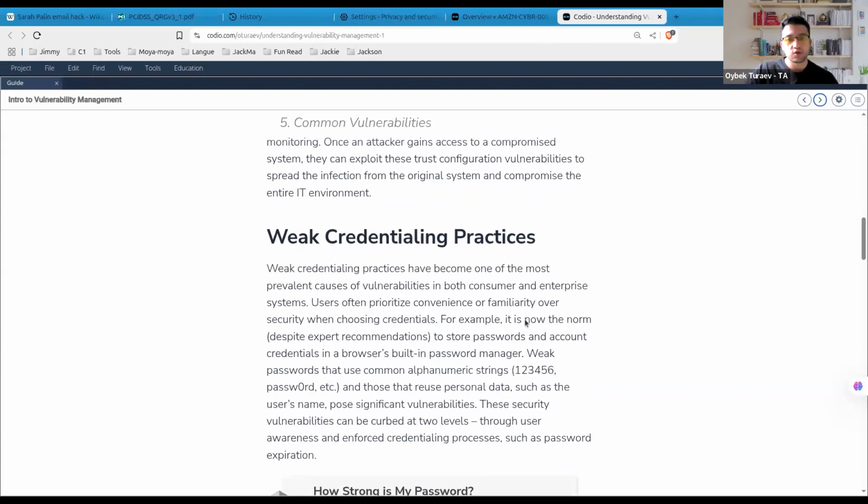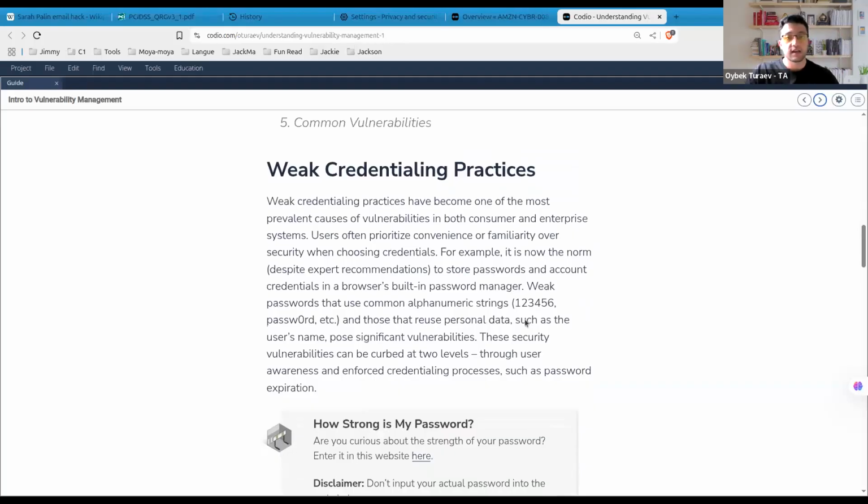Then there are weak credentialing practices, like when it comes to safe passwords or the places where you can store them. Sometimes you store them in the browser's manager, or, as we talked about in the previous lectures, you need a dedicated password manager to use more advanced passwords and avoid easily breakable passwords, guys.